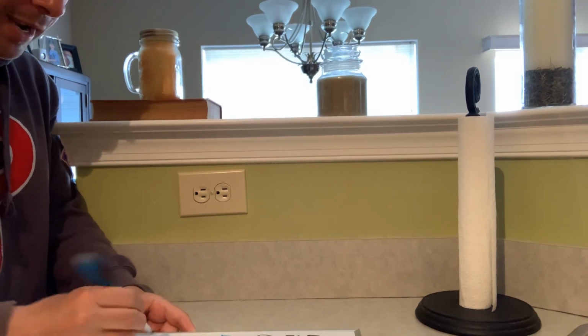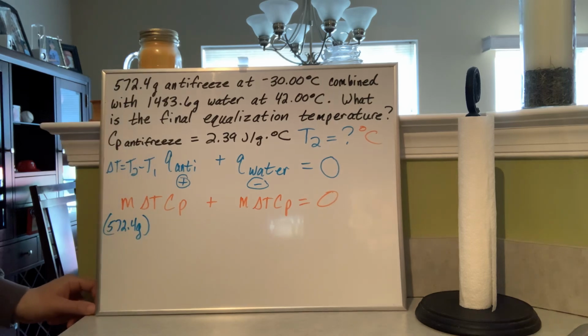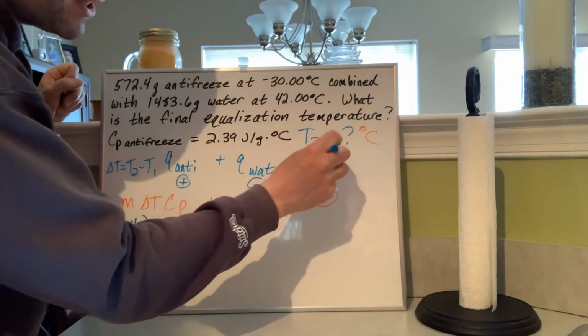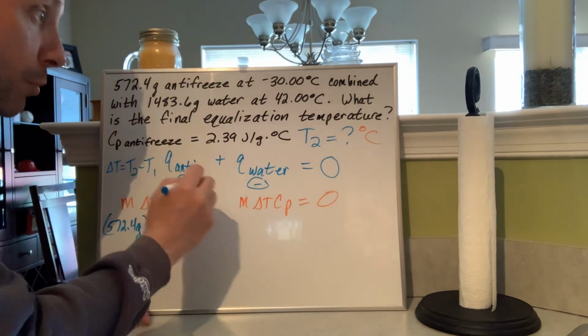572.4 grams. Now, if you were listening to my spiel a little bit earlier, you would have heard me say that delta T is T2 minus T1, and that the equalization temperature is T2 for both. I might not know what delta T is, but I do know it's T2 minus T1.